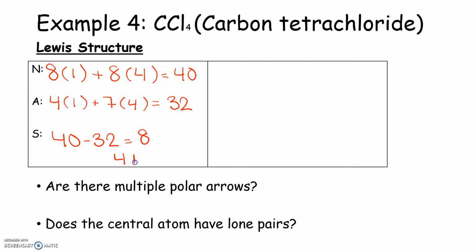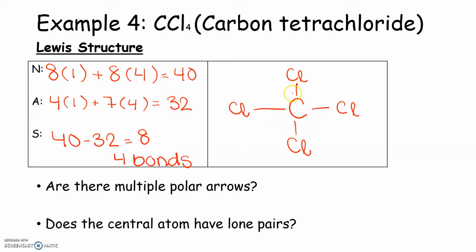That means that I'm going to have 4 bonds. Carbon is my least common element, so it goes in the middle, and I'm going to put chlorines all around it. Once again, connect these with single bonds first. Each one is connected by a single bond, and I've got 1, 2, 3, 4, which is perfect because I do not need to double up.